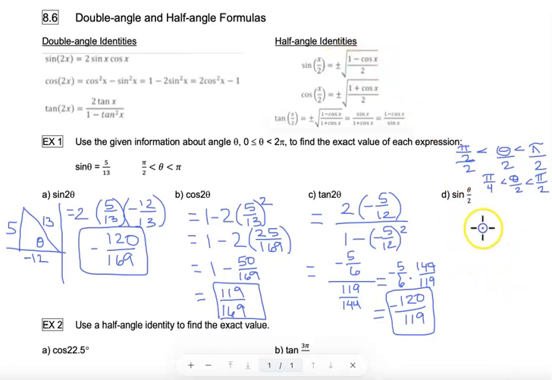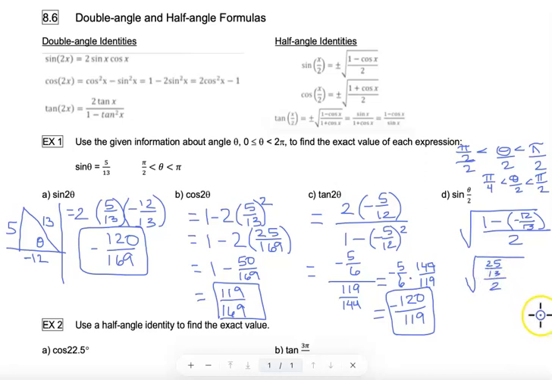So I am going to use the positive version of the formula, and it's going to be 1 minus the cosine. Cosine, we said, was negative 12 over 13. And then we've got that divided by 2. So, of course, minus a negative becomes a positive. So I've got 1 plus 12 over 13, which is 13 over 13 plus 12 over 13, is 25 over 13.